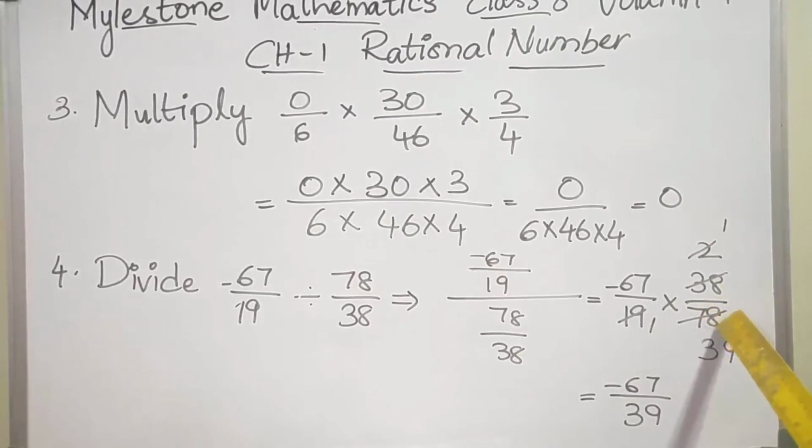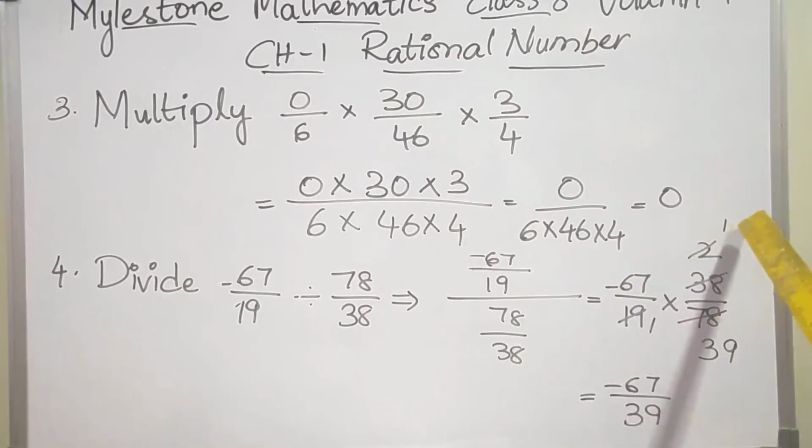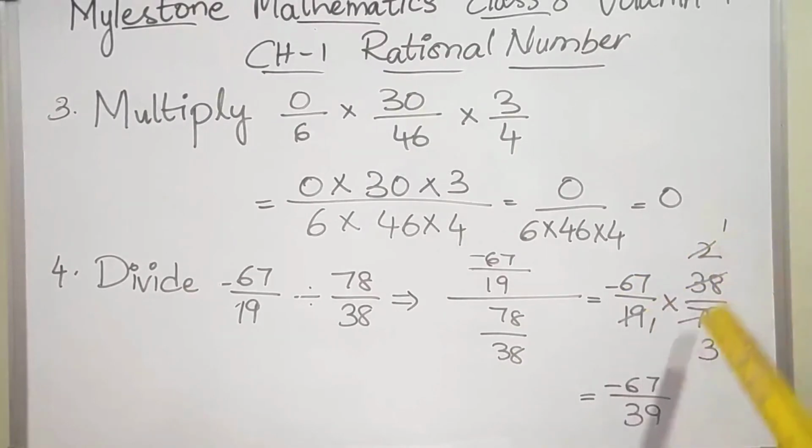Now 3 nines are 27 and 1 carried. So our answer is 67 ones are 67 and 1 into 39 is 39. So the answer finally is minus 67 by 39.